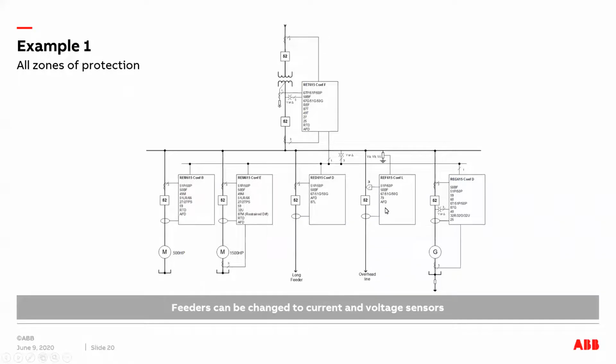But the other way of doing ground protection is using a calculated I0 based on the phase currents. If we have the three-phase currents coming from the current sensor, we can utilize the currents of the phases to calculate the I0 and use it for ground protection. So that is the other way of doing it.